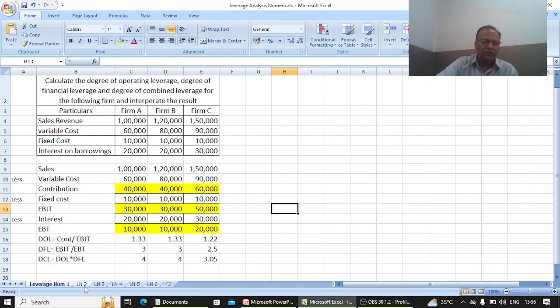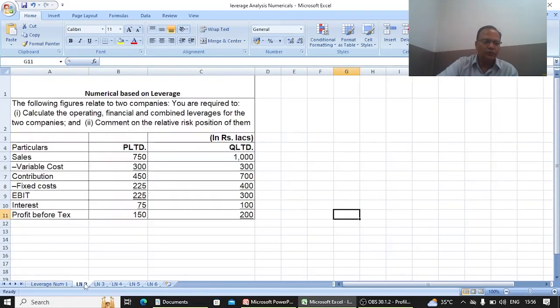Now come on the numerical number 2. Here it is given that the following figure relate to two companies. You are required to calculate operating, financial and combined leverage for the two companies and comment on the risk position of them.